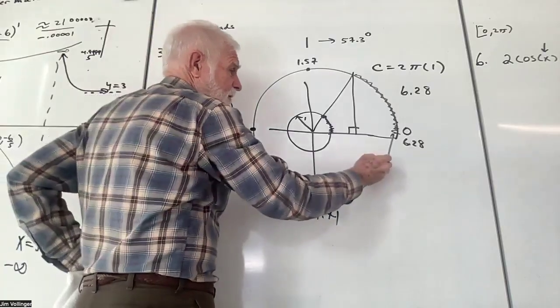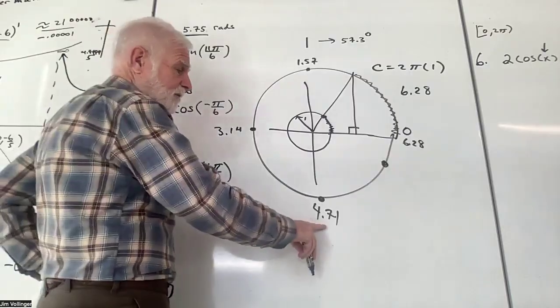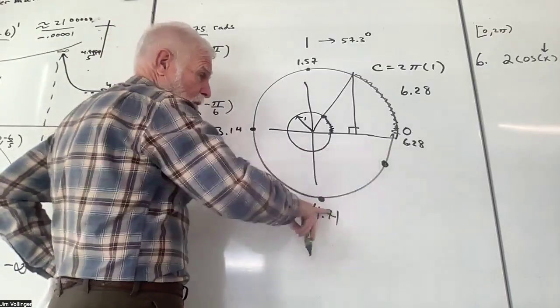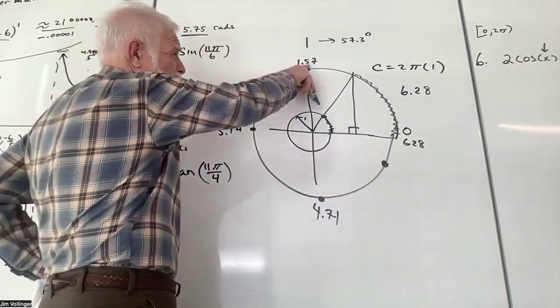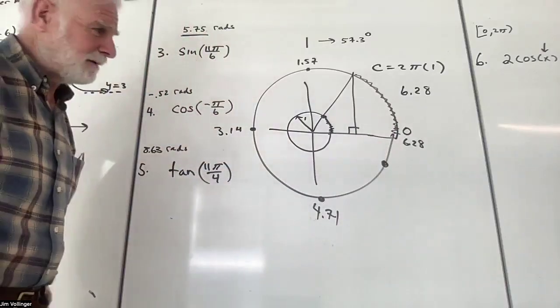I think it's probably right around there. It's almost a full radius length. More in this direction. So that means I'm about 0.57 in this direction. Now I'm just doing some estimating.